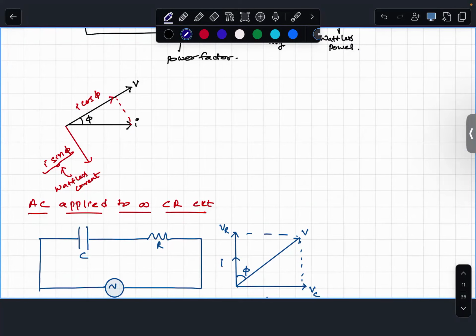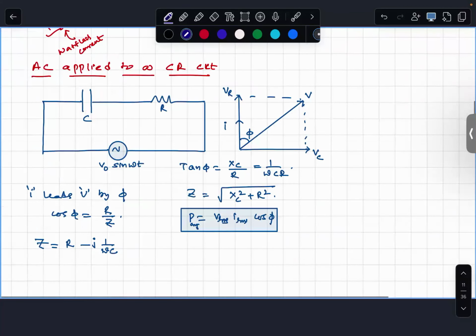Now I am applying AC to a CR circuit, which means C and R only in series. Obviously, in this case, not much mathematics is required. You will write the impedance in the form of a complex number, Z equals R minus j XC. The minus sign indicates voltage is lagging behind.